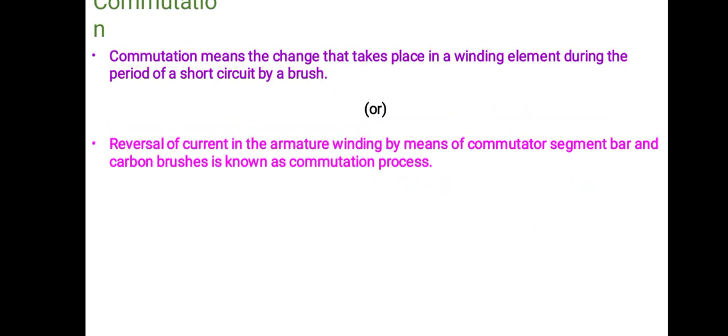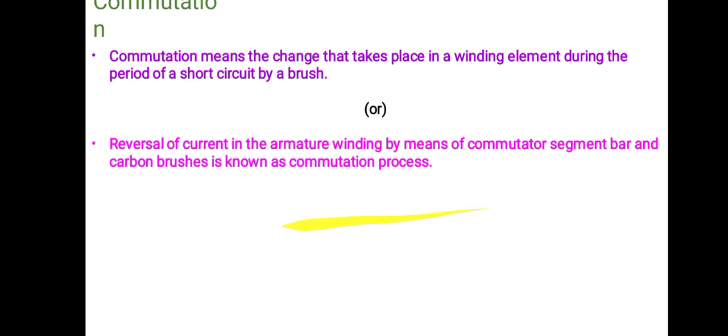Today in this video we are going to discuss the topic commutation in DC generators. So commutation is the process of reversal of current in brushes and commutator segments. It means the change that takes place in the winding element during the period of a short circuit by a brush.